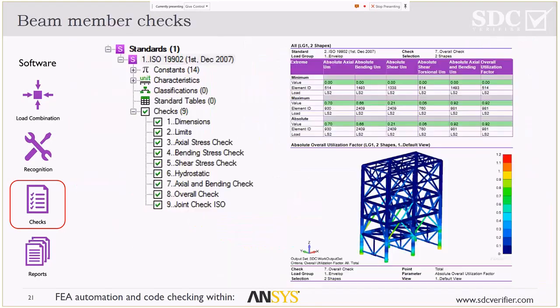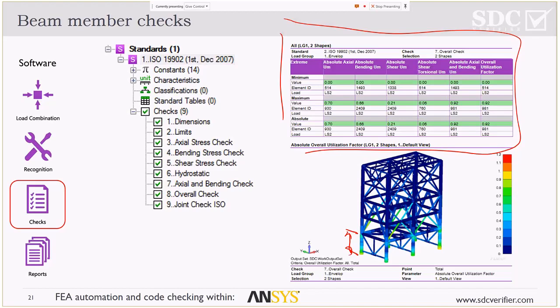We have beam member checks. I already told you that it's not necessary to use a single element to do that. We store the results over the full beam member, even if you have more than one element, and you can get plots like these, or you can plot it in a table where you can see the different parts.